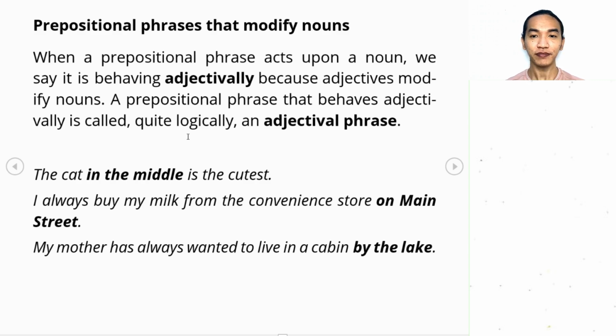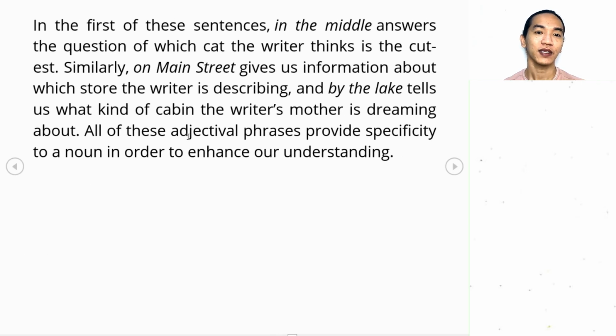Next one. In the first of these sentences, in the middle answers the question which cat the writer thinks is the cutest. So it describes the cat. Similarly, on Main Street gives information about which store, the convenience store on Main Street. And by the lake tells us what kind of cabin the writer's mother is dreaming about.